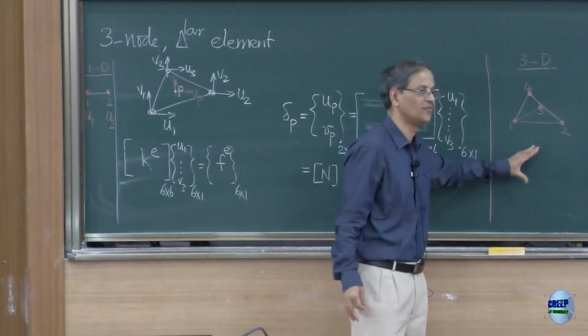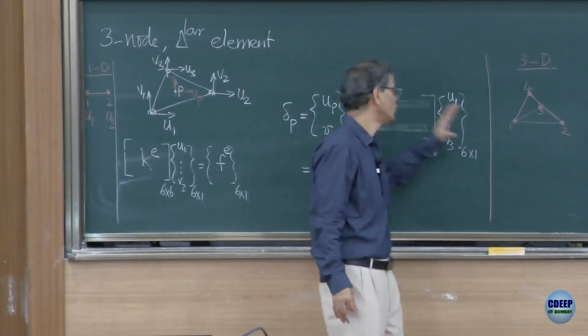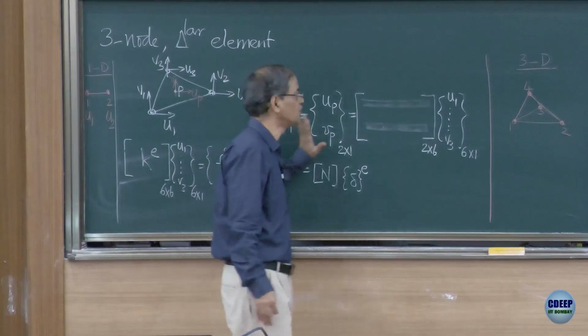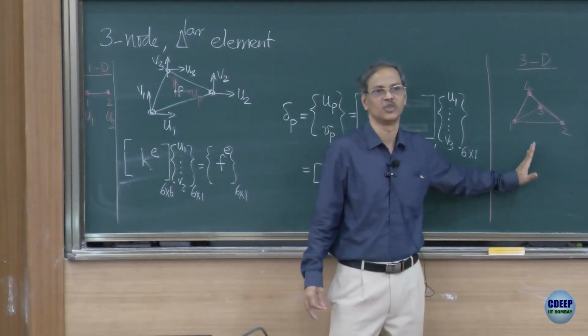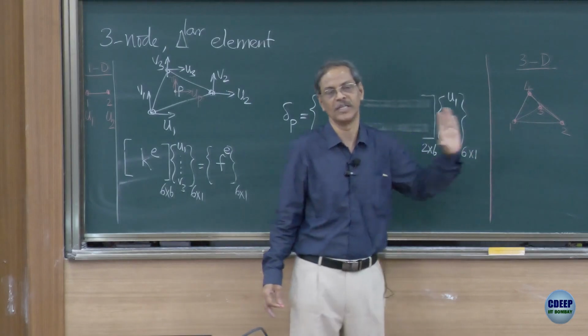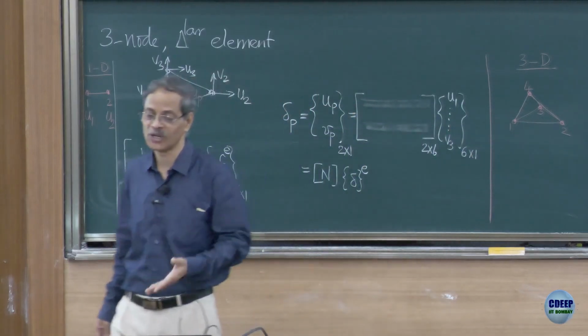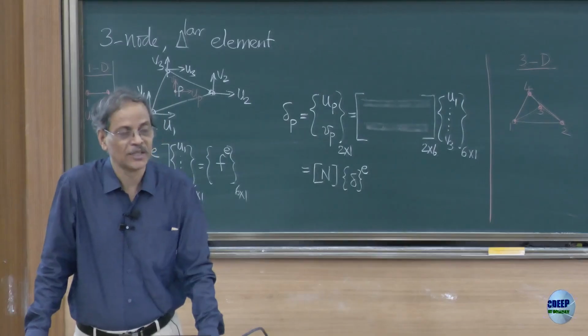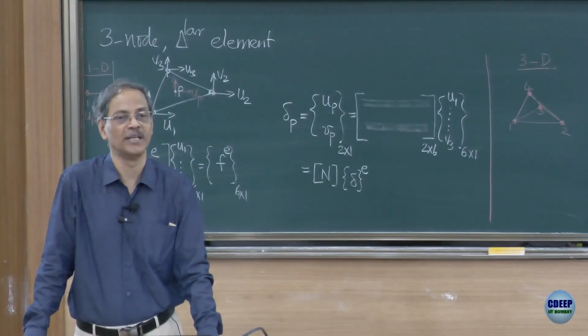I assume that if you are carefully following me and you have understood 1D and you will now understand 2D, then extending it to 3D on your own should not be difficult to follow 3-dimensional elements, which probably you are already using in your course project. Usually all these packages will also give a lot of theory manual.